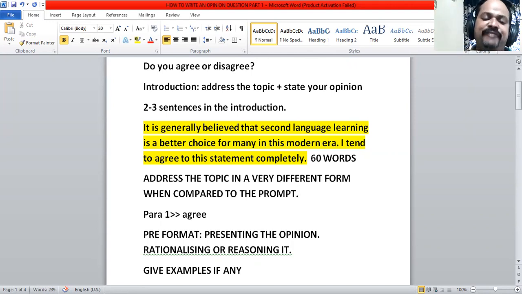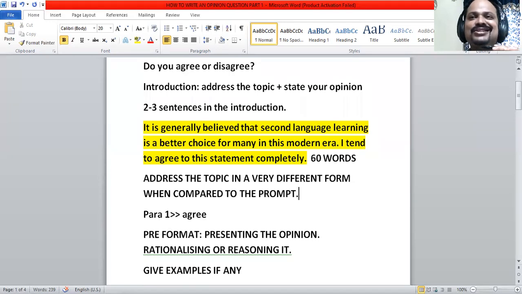So it should be very different from the prompt. You just don't copy the question as it is. So the first part of your introduction and the first part of the question should not look exactly the same. It should be different. But it doesn't mean that you have to fill in synonyms in the introduction.